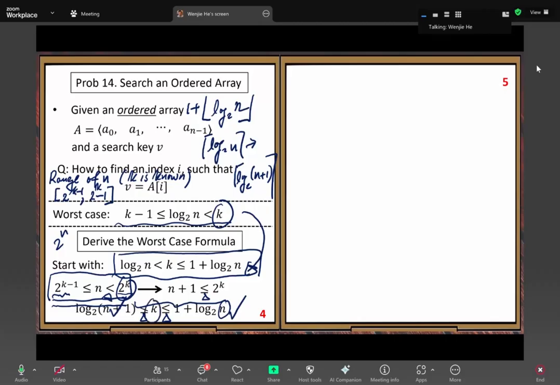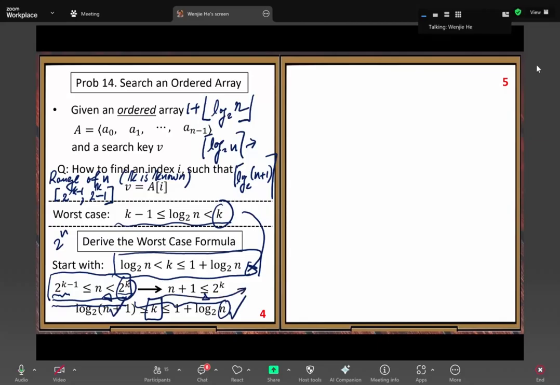We need to estimate that k, so we need to represent k in terms of n. That's the reason we write in this form. Here you can see we write the range for this k.